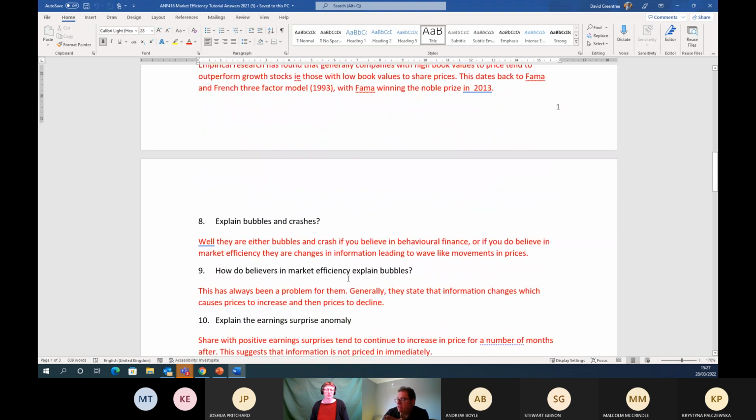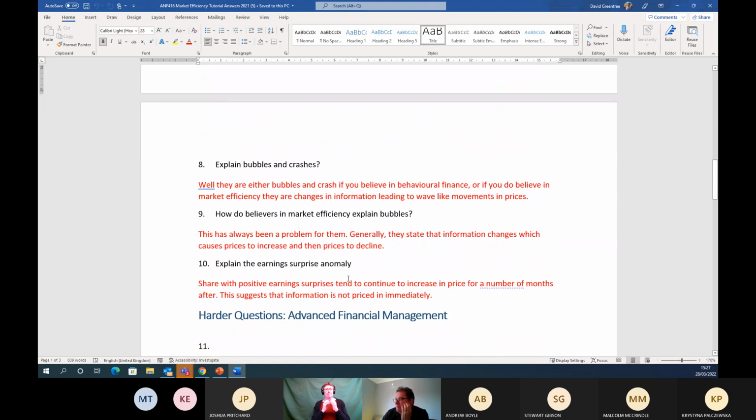We've got bubbles and crashes. Whether or not you believe in efficient markets or behavioral finance, there are bubbles, there are crashes in share prices. There's always been bubbles in markets, going back to the tulip bubble in 17th century Netherlands.